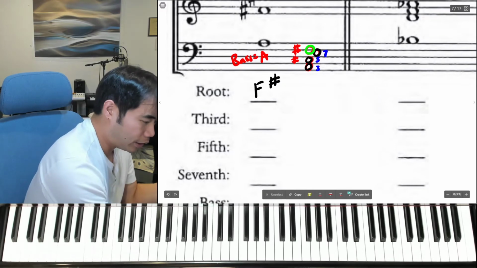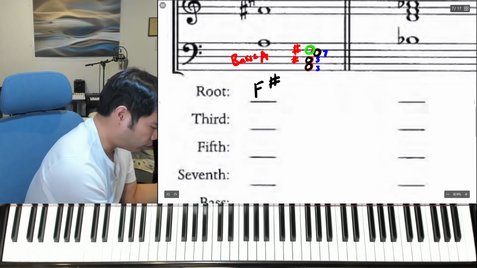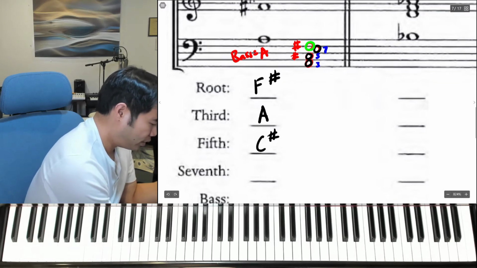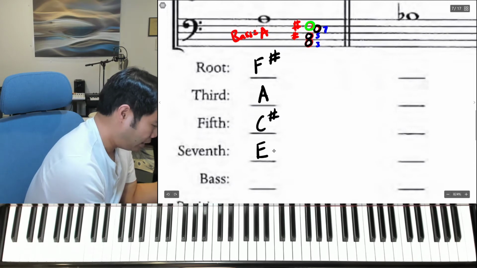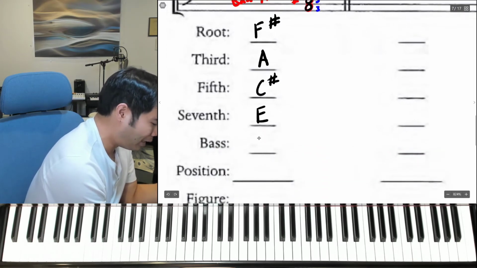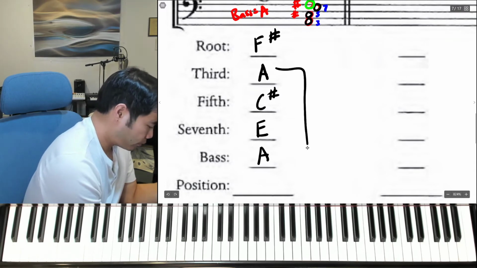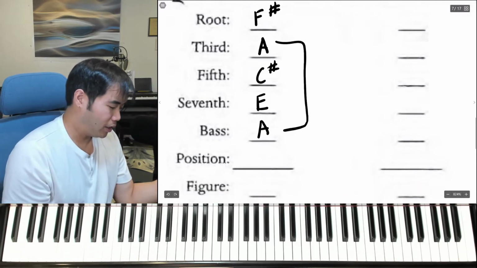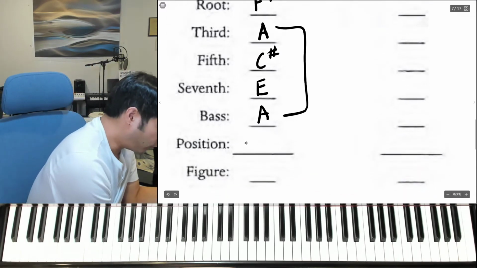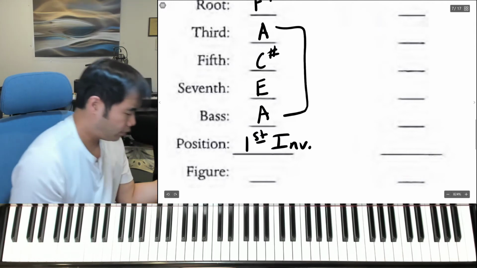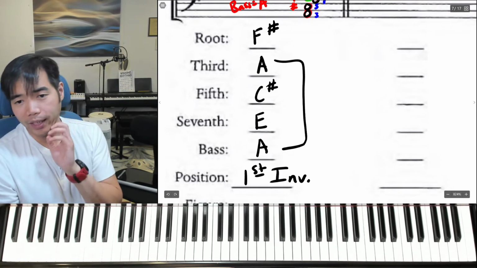So we can fill in the rest of this information just by reading the notes. The 3rd is A. The 5th is C sharp. The 7th is E. We already know the bass because we needed to figure that out first. The bass is A. Well, that means the bass is the 3rd. That means we are going to be in first inversion for the position, right? Because the 3rd is in the bass.